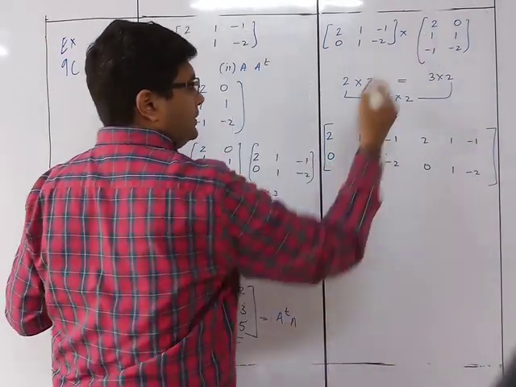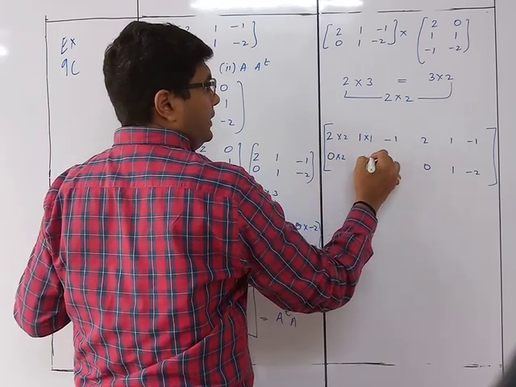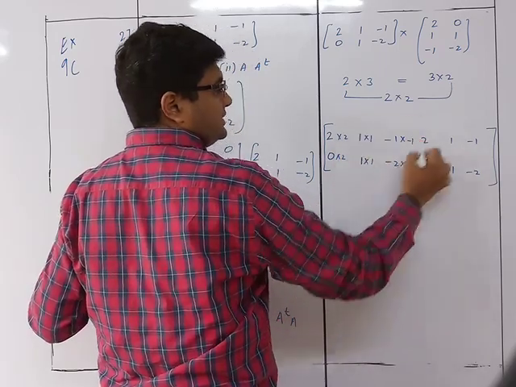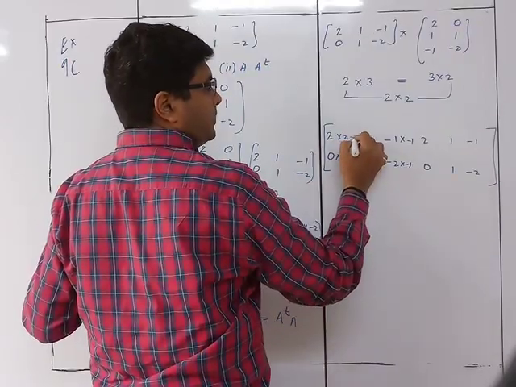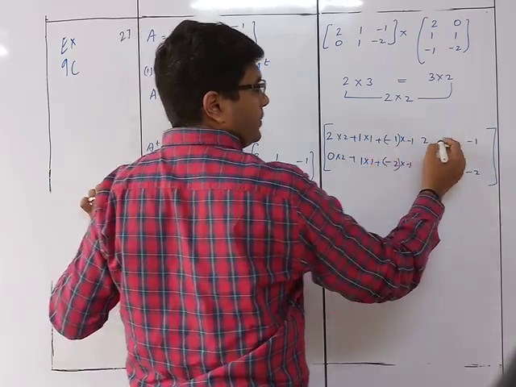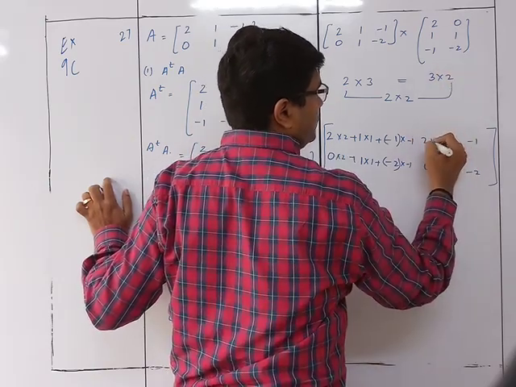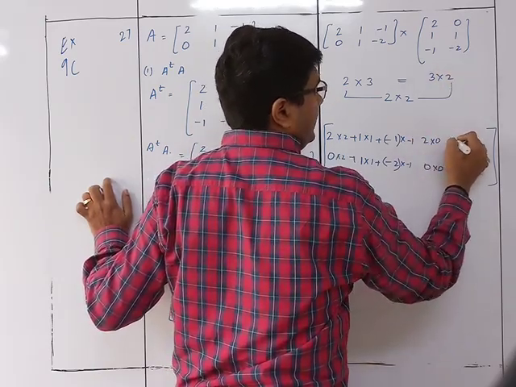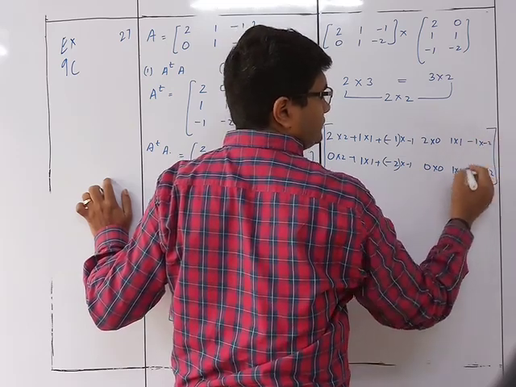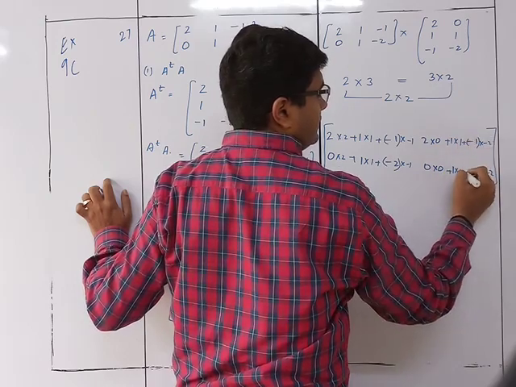Okay, we start from here. Into 2, into 2, into 1, into 1, into minus 1, into minus 1. All this is one particular matrix, so plus signs here. Next one is 2 with 0, into 0, into 0, into 1, into 1, into minus 2, into minus 2. Again plus signs here.